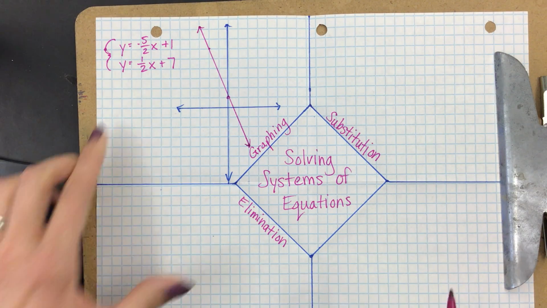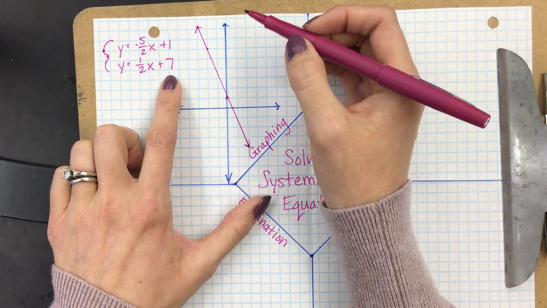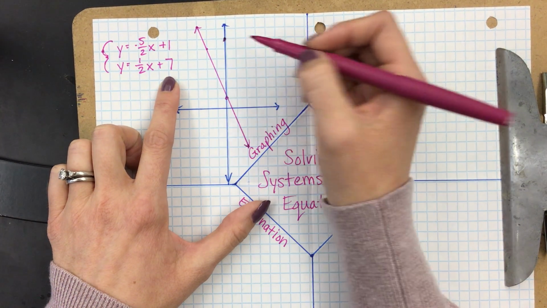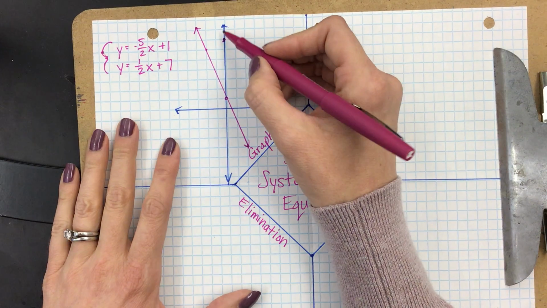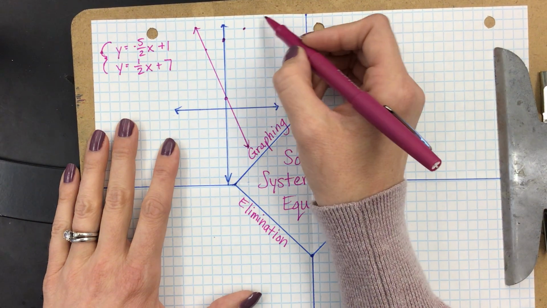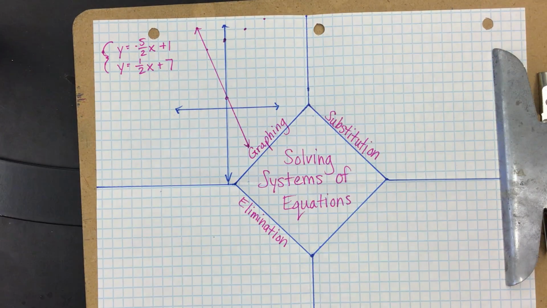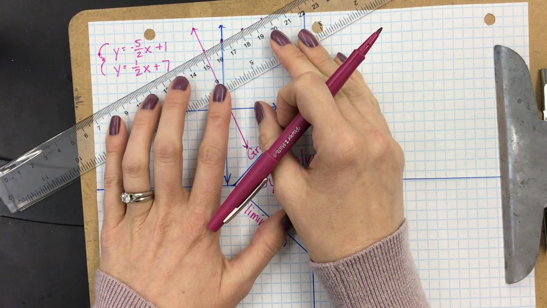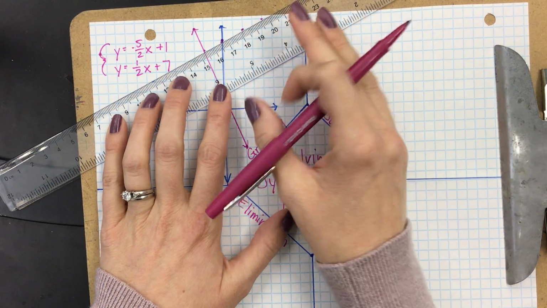And then my second equation, my y-intercept is 7. And my slope is 1/2. So I'm going to go up 1 over 2, up 1 over 2. And I'm going to connect it to make a line.